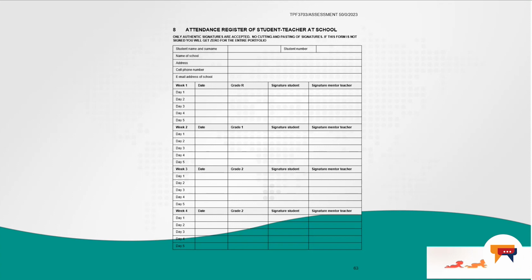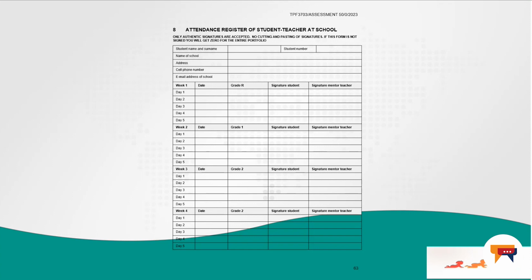Do not write the day and the month and no year. If there is no year, you fail. We don't even mark the portfolio. A portfolio without an attendance register, you get a 0, we don't mark it. A portfolio with an incomplete attendance register, we do not mark it. It's an immediate fail.